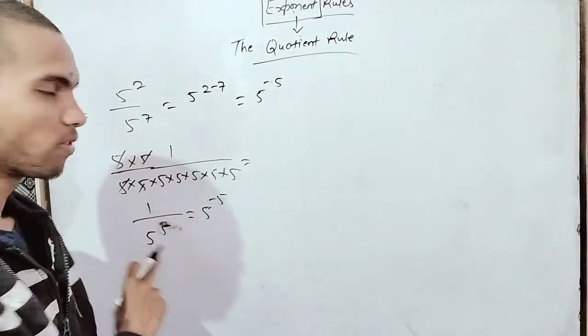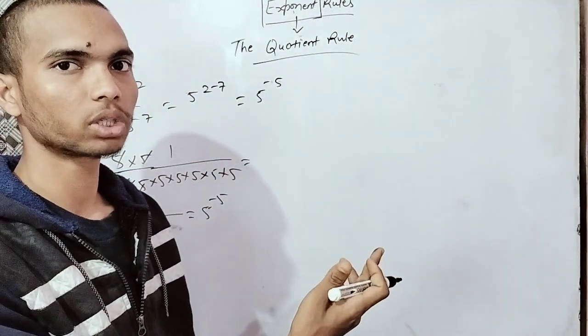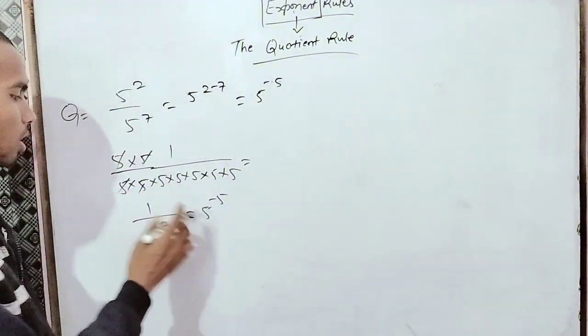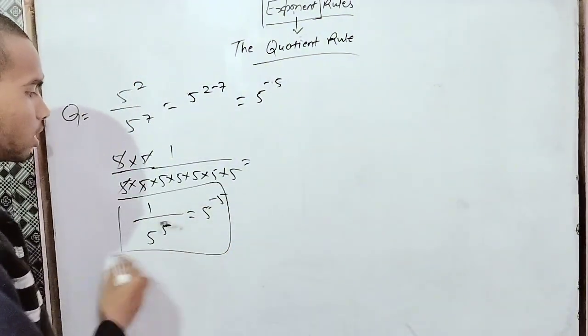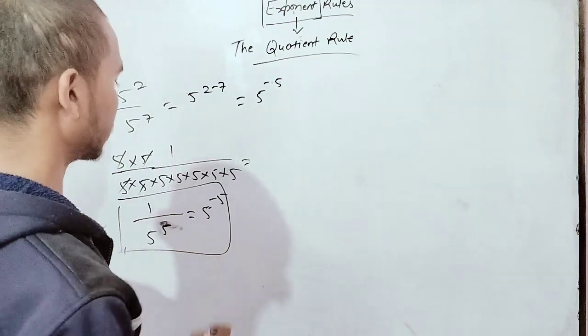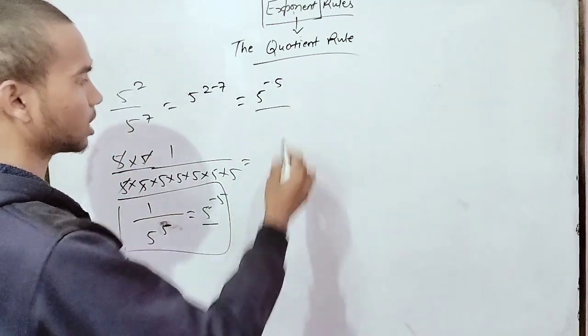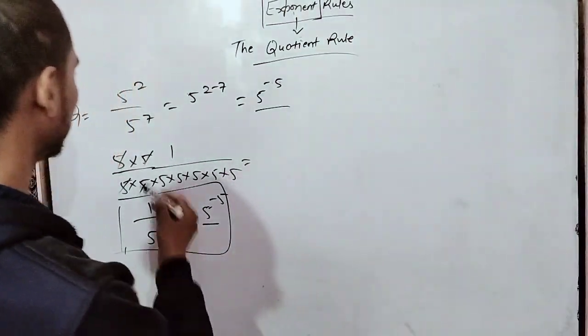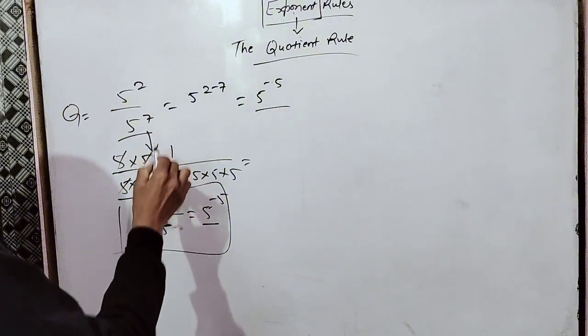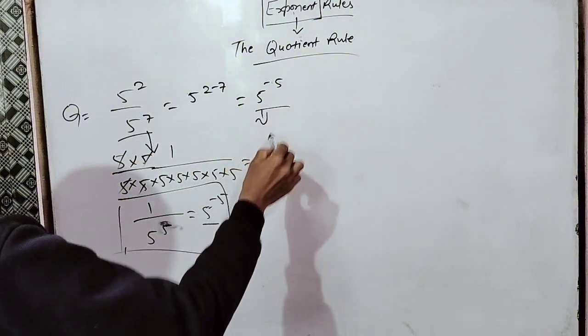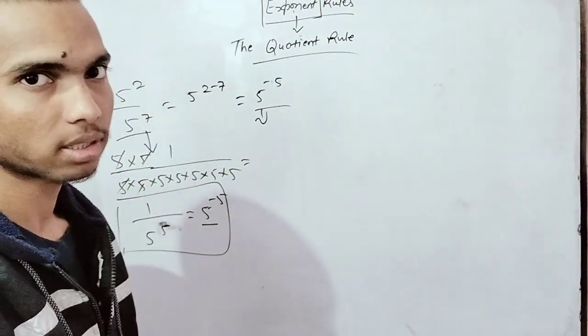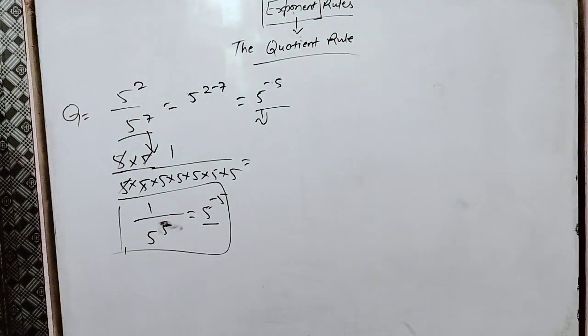Discussion of this we will understand in the context of negative exponents. So it can be written like that. So here you are looking at this, and this is LHS, this was the process of LHS, and this is RHS. LHS is equal to RHS, that's why it is making sense.